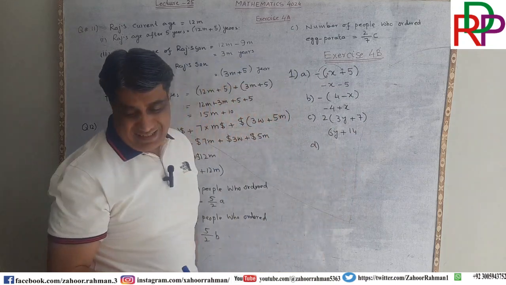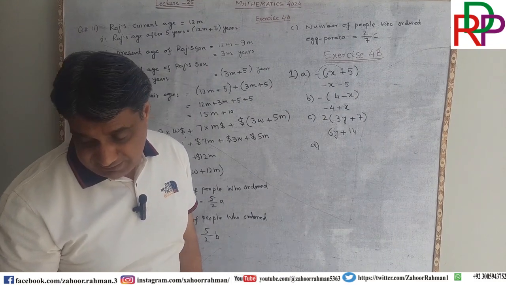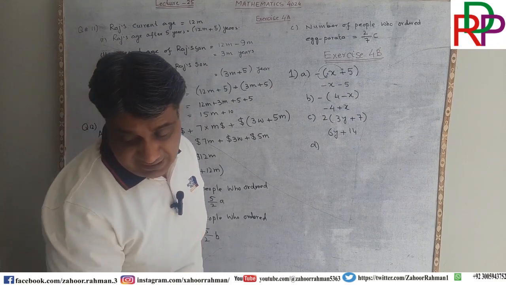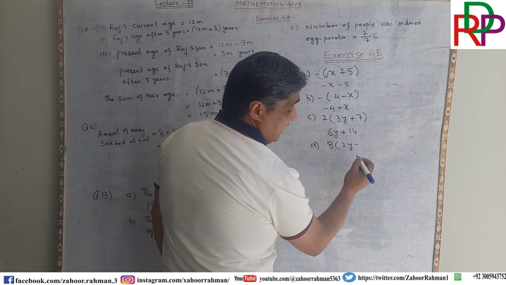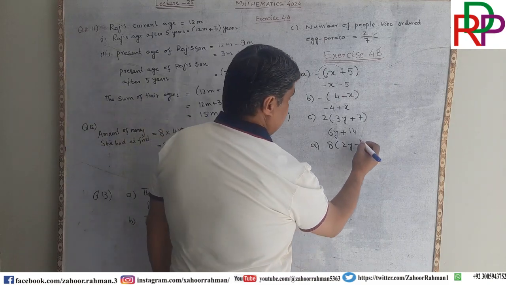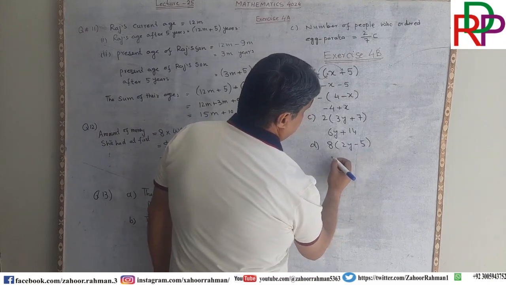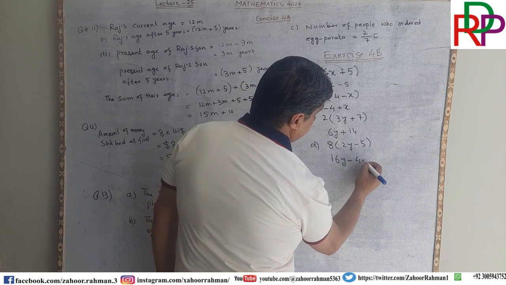Part d. These are easy, but gradually it will go towards difficult questions. 8 into 2y minus 5. Yes, minus 5. So 8 2s are 16y minus 40.